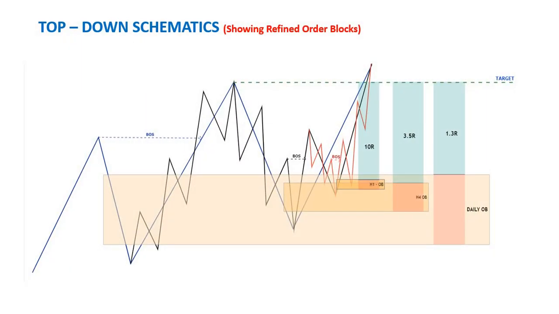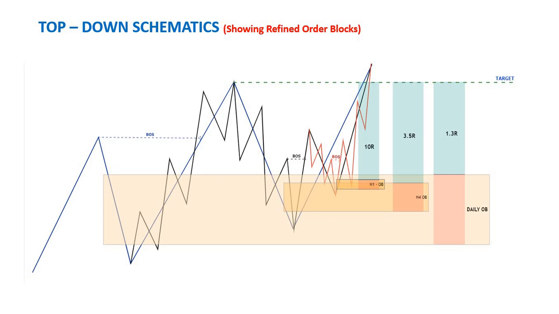On the screen is the top-down schematics showing 3 different time frames. The higher time frame, which is the daily time frame in blue, the 4-hour time frame, which is the middle time frame in black, and the 1-hour time frame, which is the lower time frame in red.